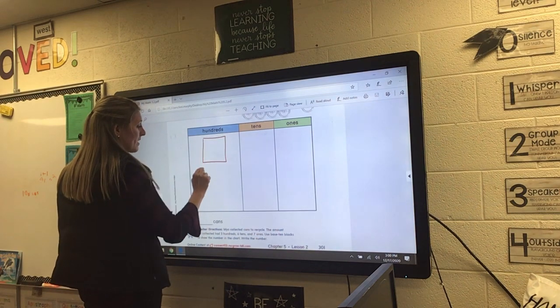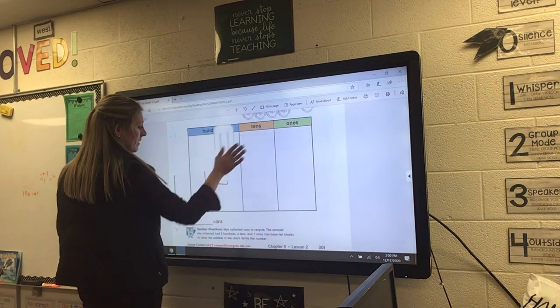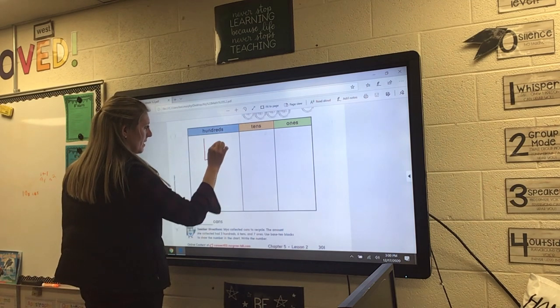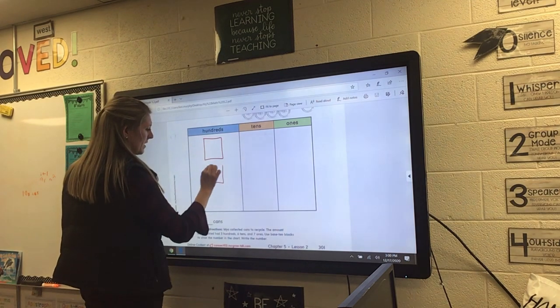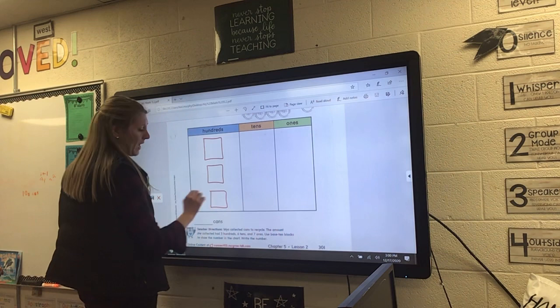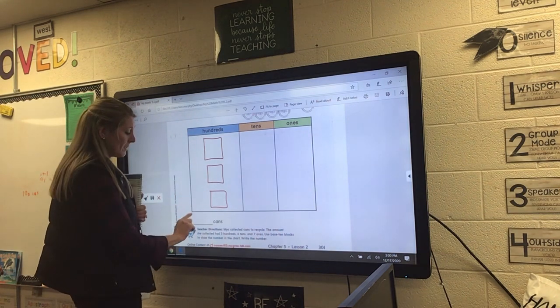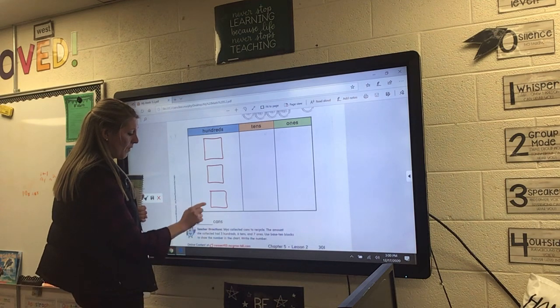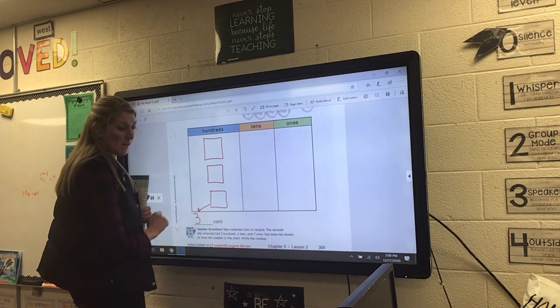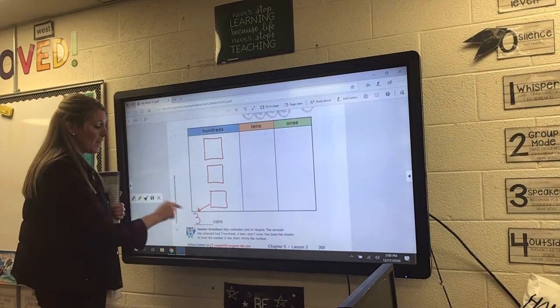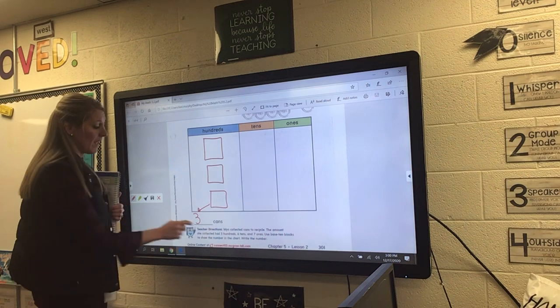So just show me a big square, and Mrs. Murphy's going to try to make hers a little bit more square. Okay, and we know that there's 100 on each one of these. So this is 300. Now, that number is going to go here. So the 300 is first.